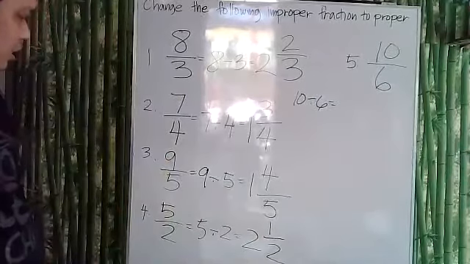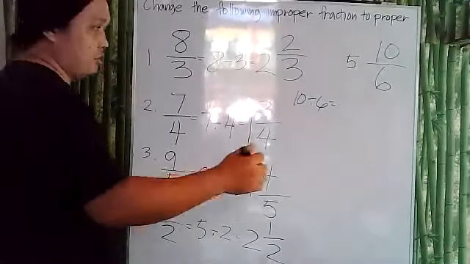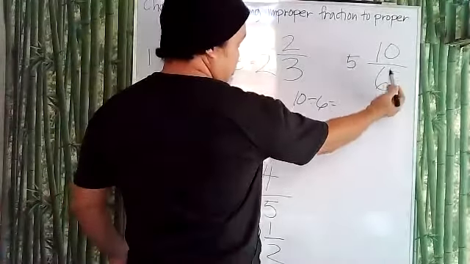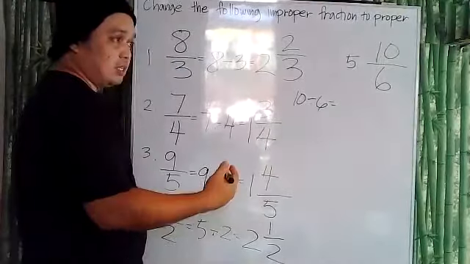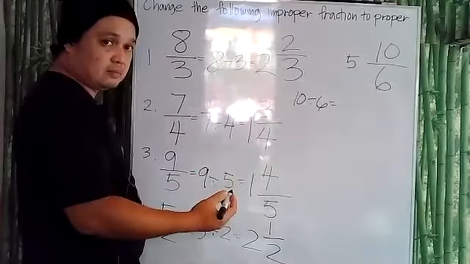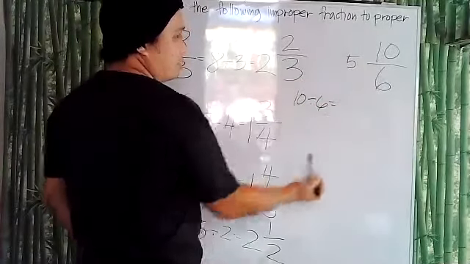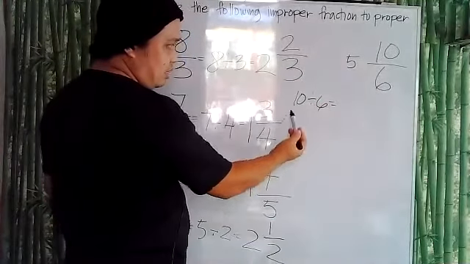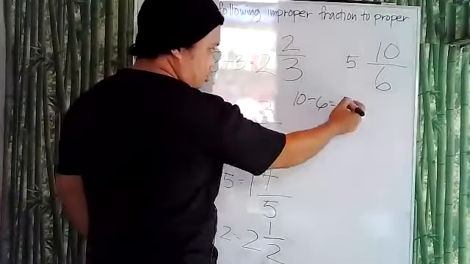So next, 10 over 6. So 10 over 6 here becomes 10 divided by 6. And that's the same process. Divide the numerator by the denominator. It becomes 10 divided by 6. And how many 6s are there in a 10? There's 1.